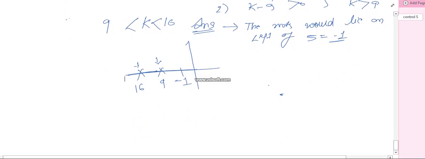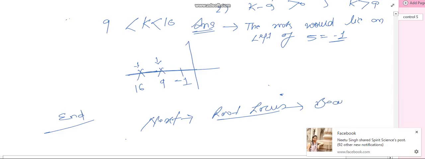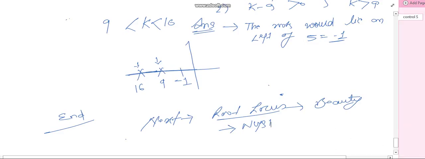So this is all about Routh. Next time we will see a few more stability criteria. In the next video we will see the root locus method and its beauty, and others like Nyquist, pole zero plot.